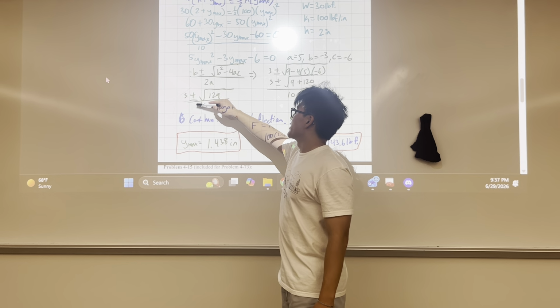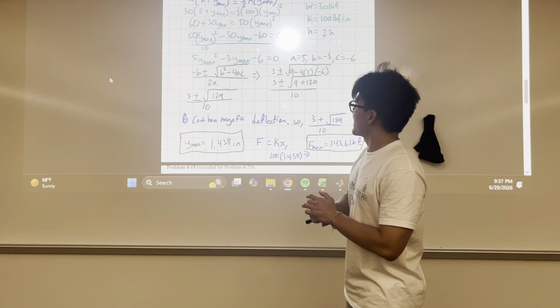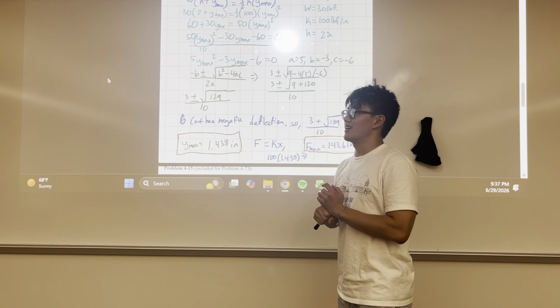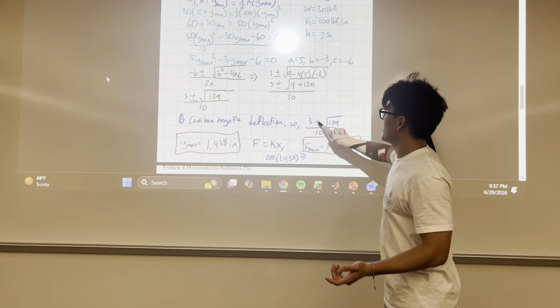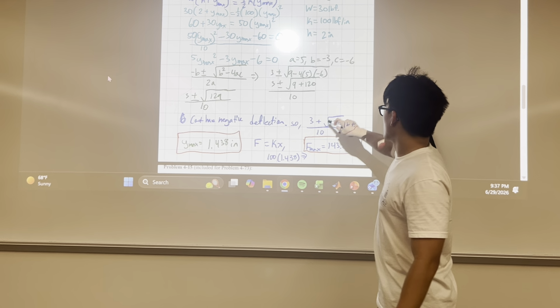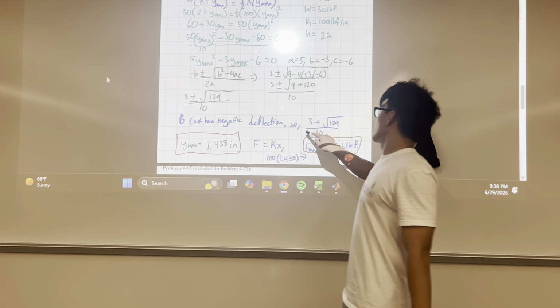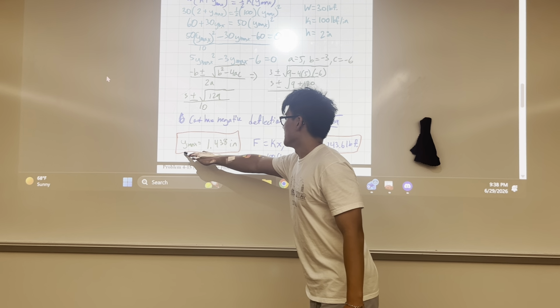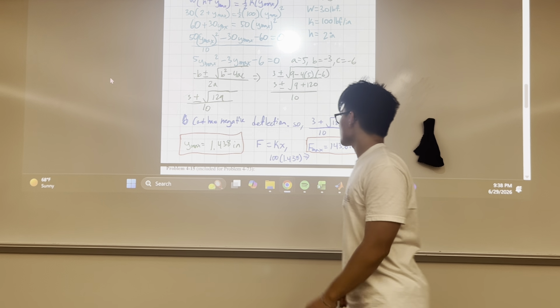We're left with the dilemma, plus or minus, right? But what's such a thing as a negative deflection, right? So we're going to assume that we have positive deflection, meaning that the plus is the only option. So 3 plus square root of 129 over 10 equals y max deflection equals 1.438 inches.